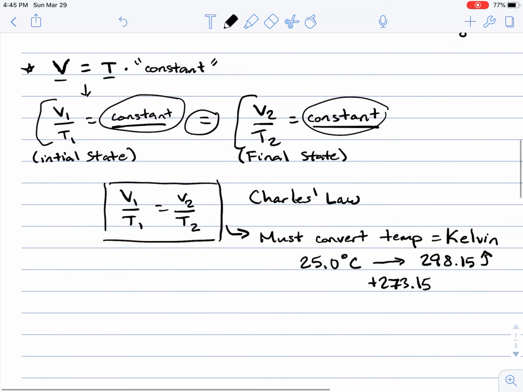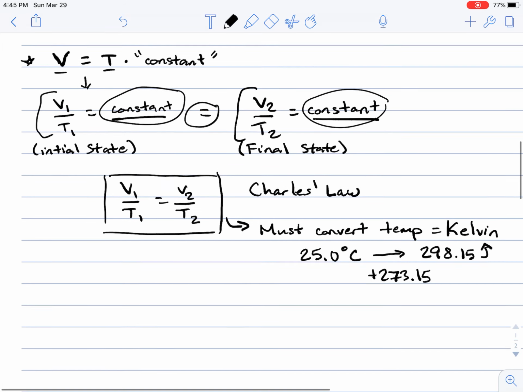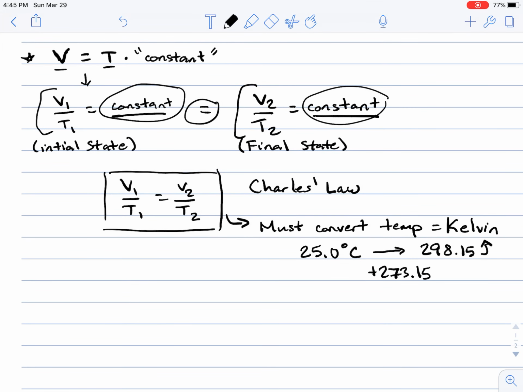The reason why we want to use Kelvin as our unit of temperature is because the Kelvin scale does not go into the negative values. If you think about the Fahrenheit scale or the degrees Celsius scale, negative values of those temperature units can occur.